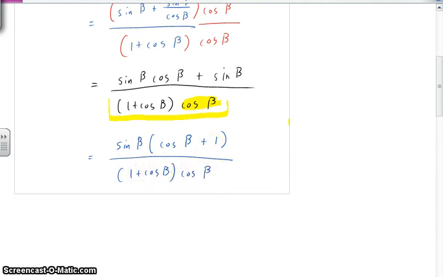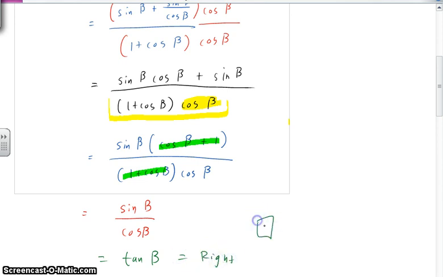Alright, now, cosine beta plus 1 and 1 plus cosine of beta, those are the same things. So those things that I just highlighted in green actually cancel or divide out. I'm left with sine beta over cosine beta. Oh wow, that's what I want. So that's equal to tangent of beta, which is equal to the right side. So we have proved it.